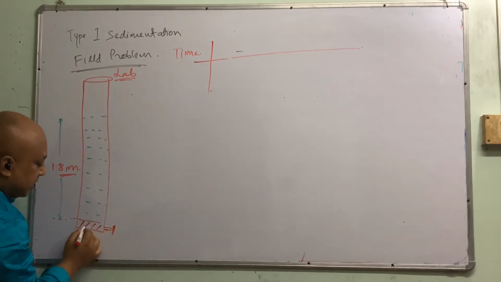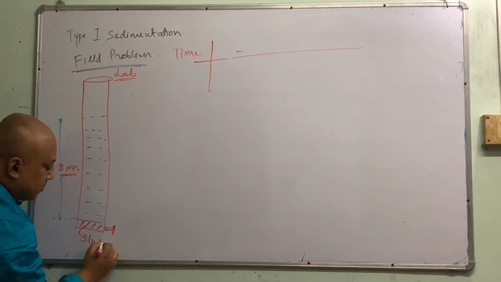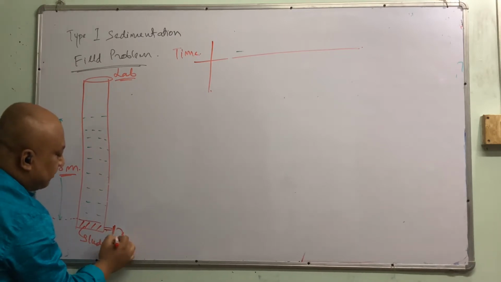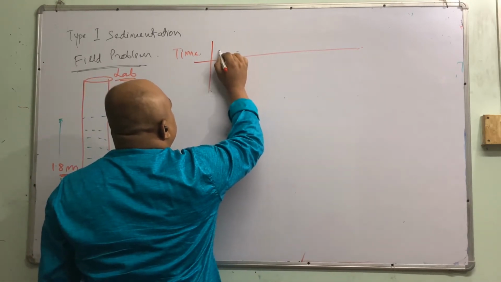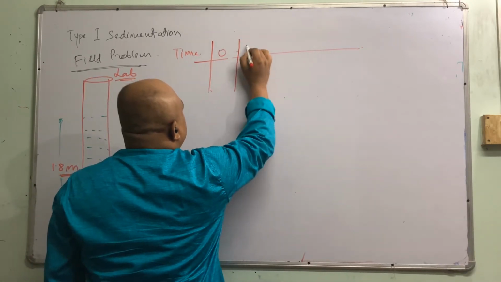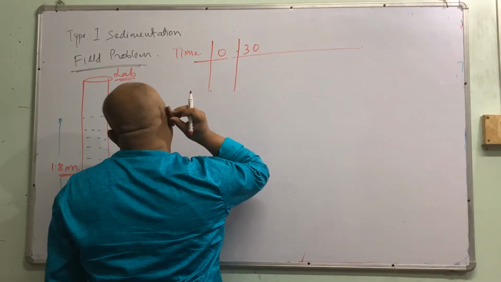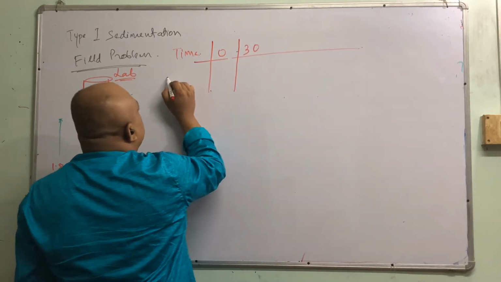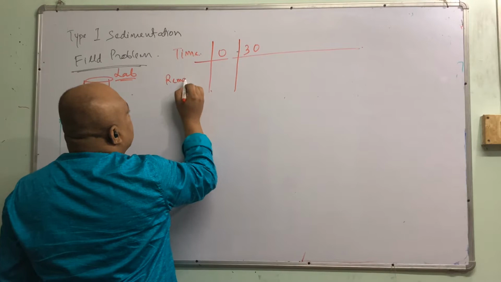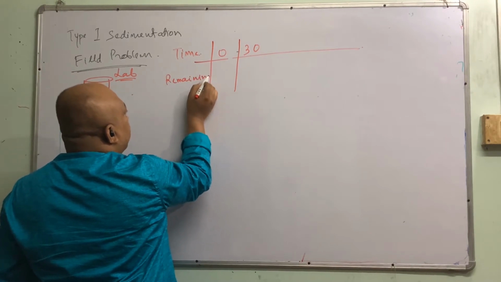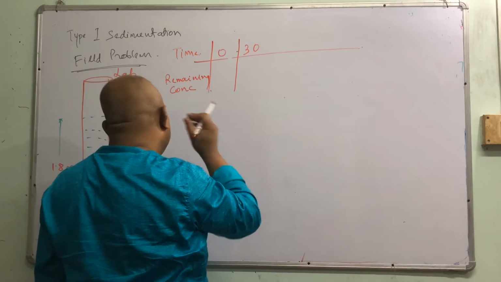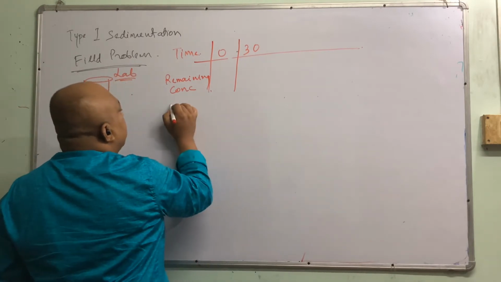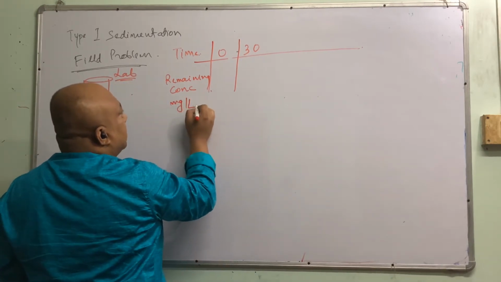This is sludge. So when you take out a sample, simply after 0 minutes, estimate; after 30 minutes, this is the remaining concentration in milligram per liter of solids.